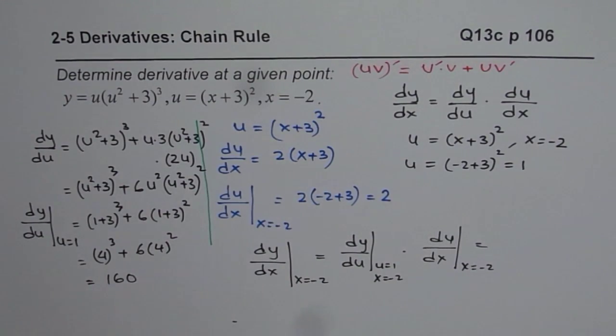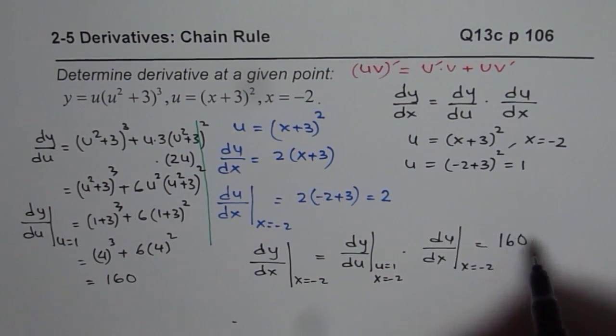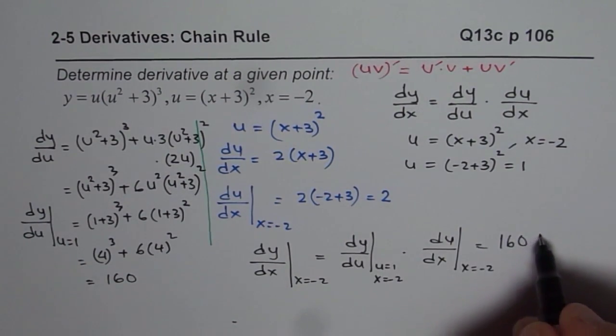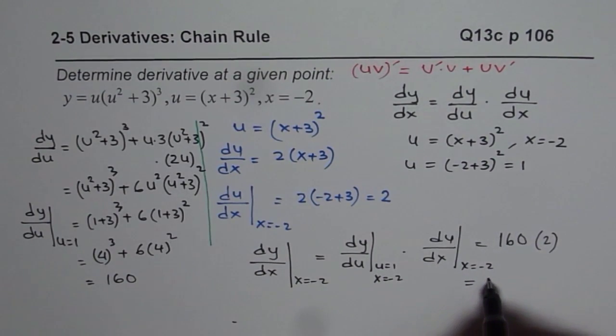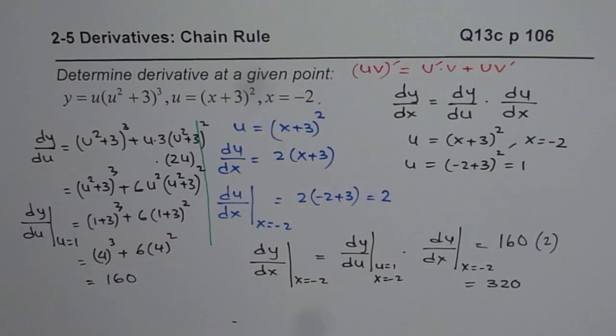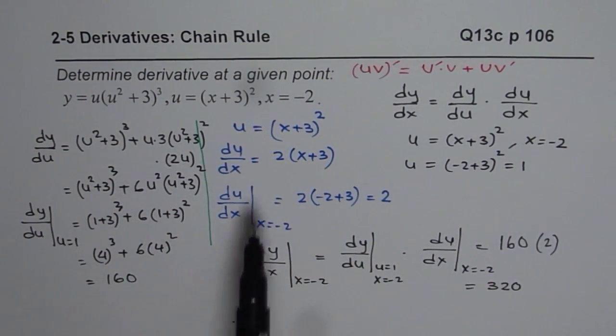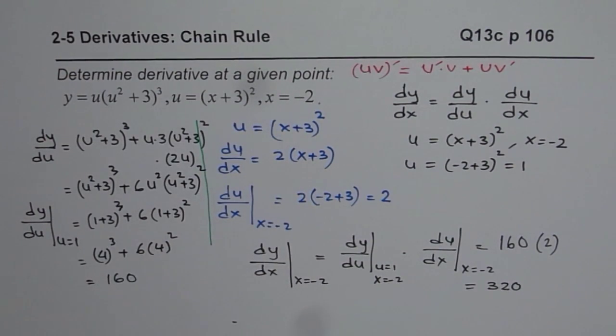So let's substitute these values. The first one for us is 160, and the second one is 2, so times 2. We get 320 as our answer. So 320 is the derivative of this function at x equals minus 2.